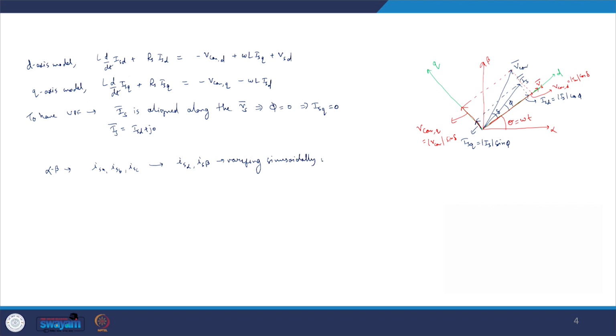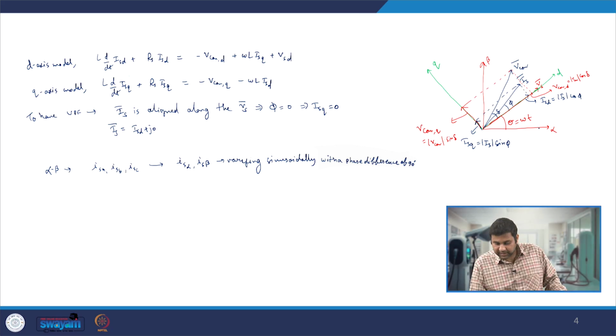are varying sinusoidally with a phase difference of 90°, because these axes are stationary, and if we change our Vs component, so let us say it is lying along the alpha, that is when your alpha component is at the peak and beta component is 0, and when it goes to beta, alpha becomes 0.